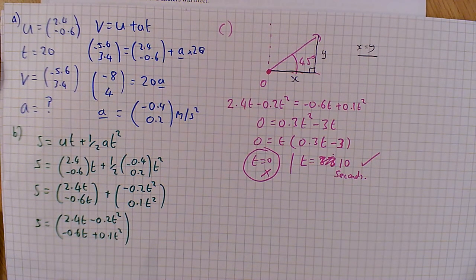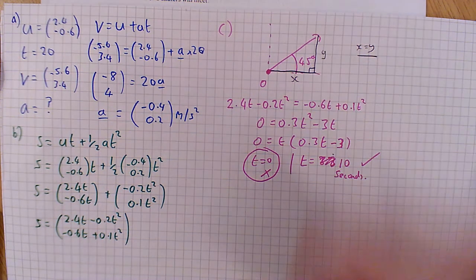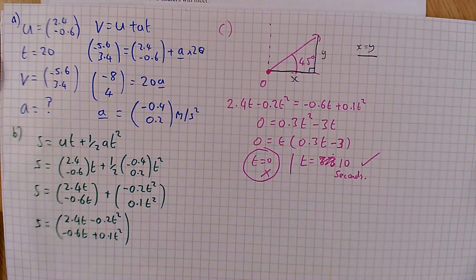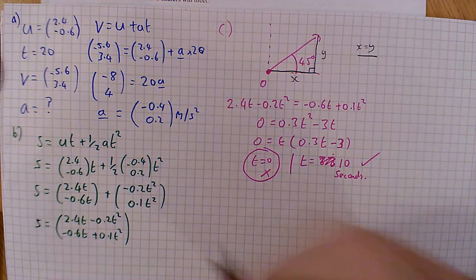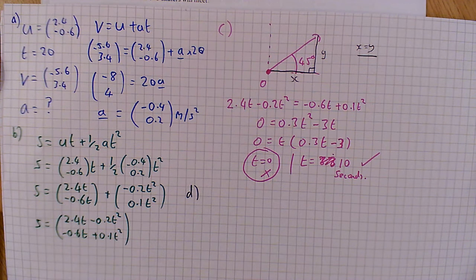The first thing we're going to do is see if those j components are ever the same. If the j components are the same, that will mean they're at the same height. If we know that the j components are the same, we have to check to see if the i components are the same at the same time.